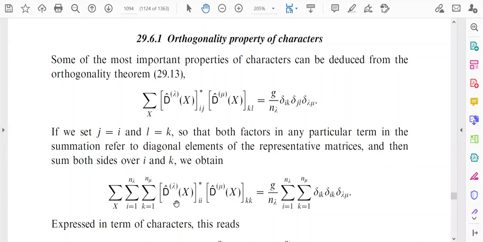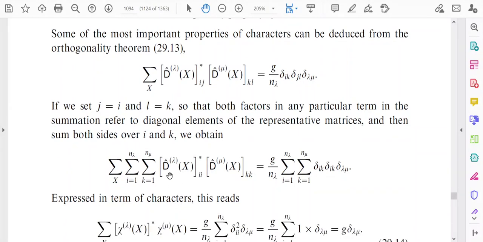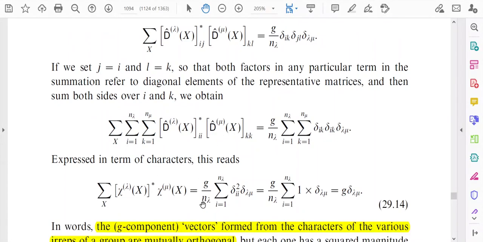So, you see that this particular product now becomes like this, but we know that D lambda ii basically represents the characters for the representation lambda. Similarly, this also represents the characters for the representation mu. So, the left hand side is expressed in terms of the characters, the product of the characters.